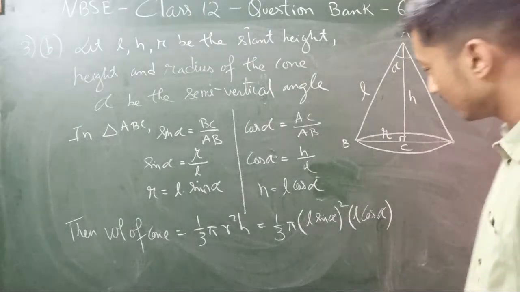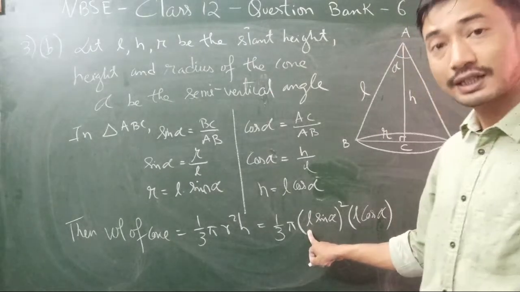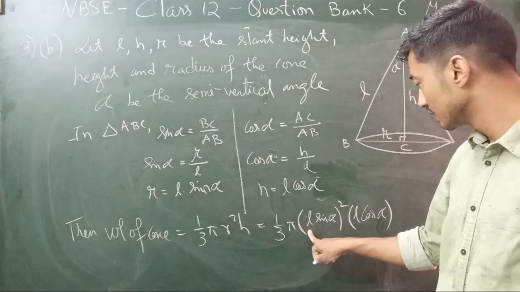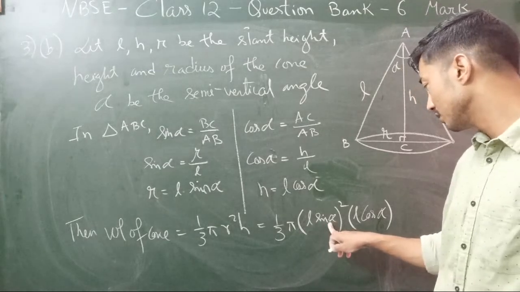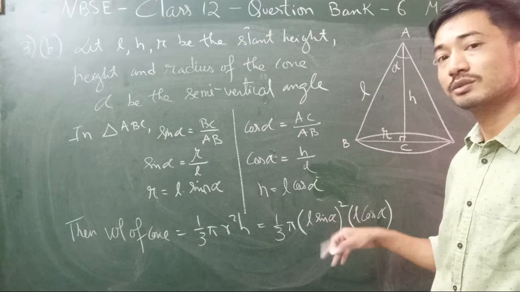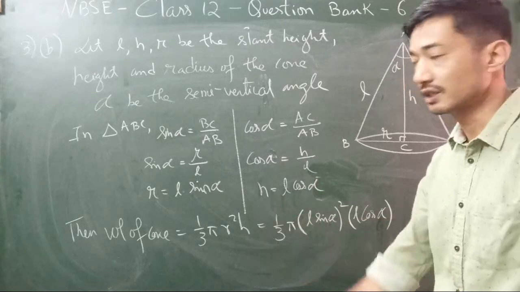What happens here is L is a constant because slant height is already given to us. So only alpha is the parameter here, and we are left with just one variable so that we can differentiate.